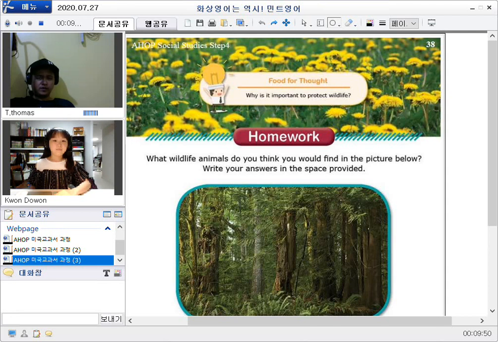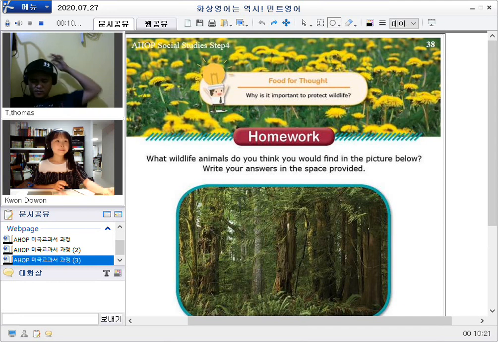Okay. But what about those people who hunt animals in order for them to live? Because then some animals can be eaten, right? Yes. So, do you think it's bad? Yes.